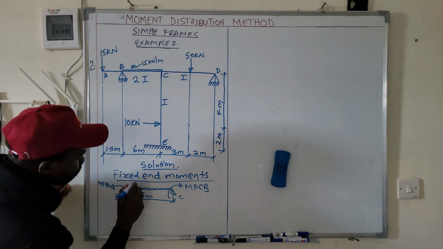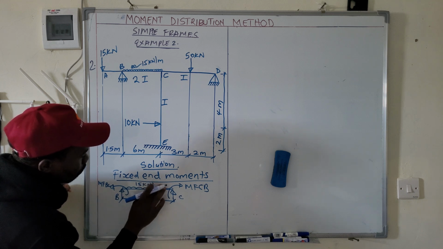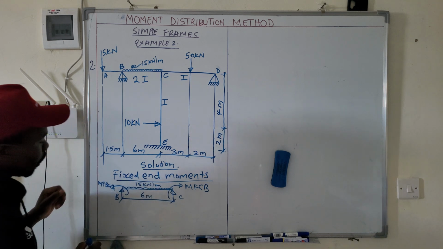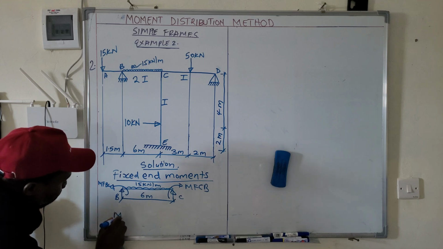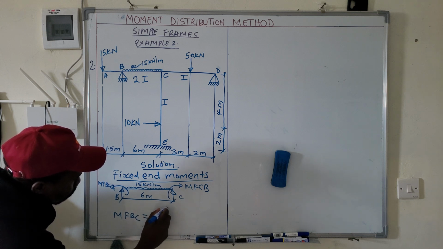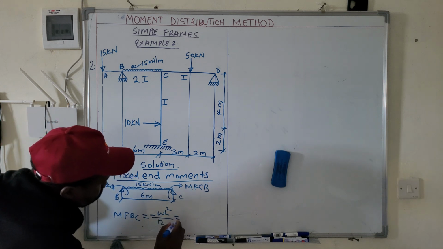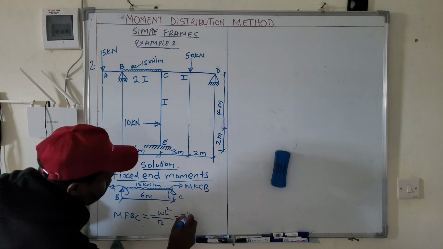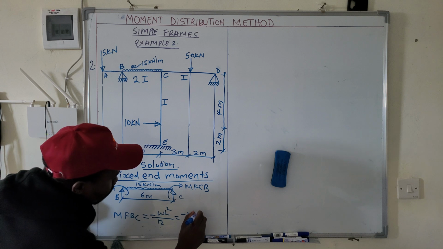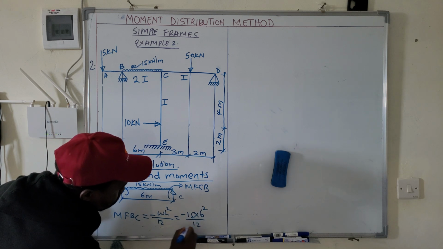So here you have 15 kilonewton per meter. MFBC is equal to minus WL square over 12, which is equal to minus 15 times 6 square over 12.